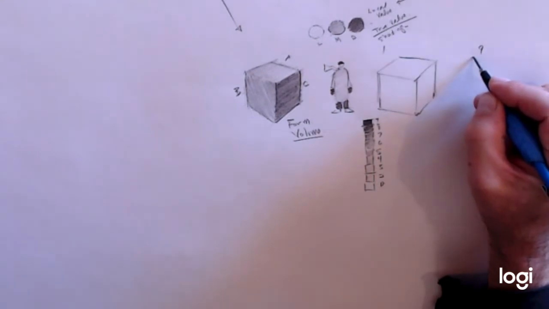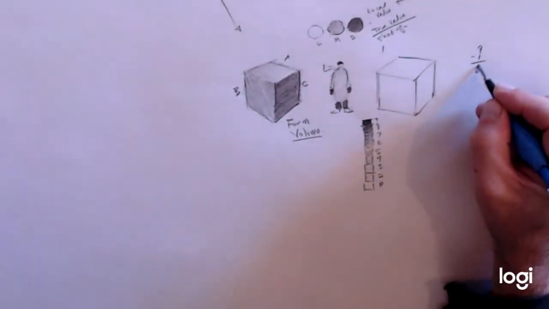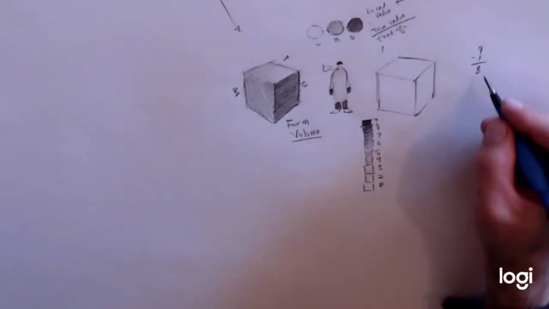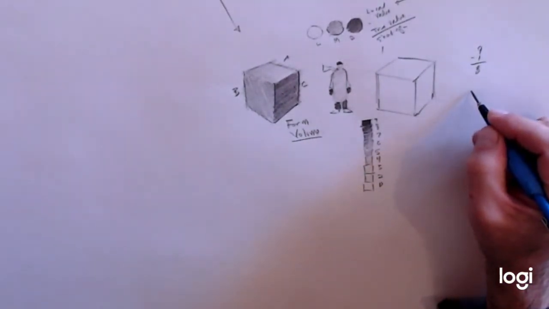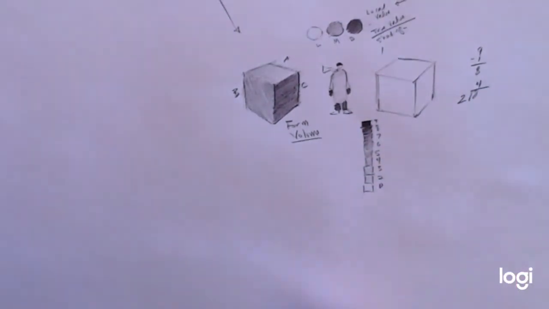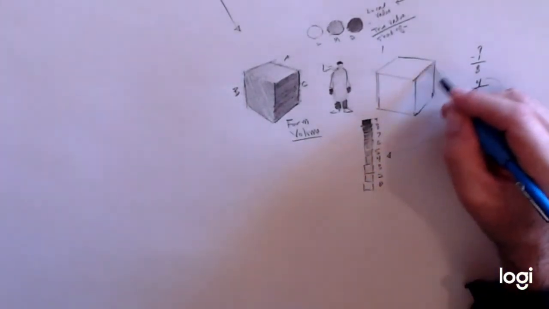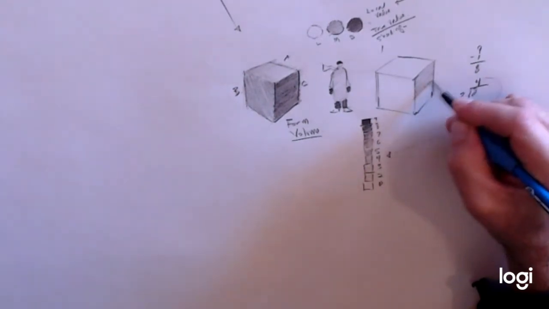So you would say 9 minus 1 equals 8, okay? And then you divide it in 2. 8 divided by 2 equals 4. The 4 right here becomes the value of the shadow side.